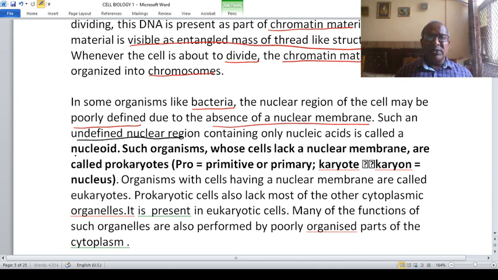The undefined nuclear region is called nucleoid, and the organisms are called prokaryotes. Whereas organisms having a nuclear membrane are called eukaryotes. So eukaryotes have a well-defined nuclear membrane.